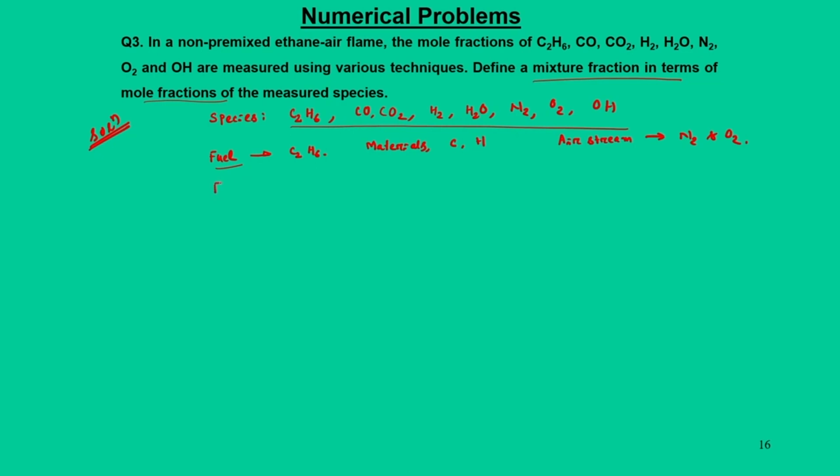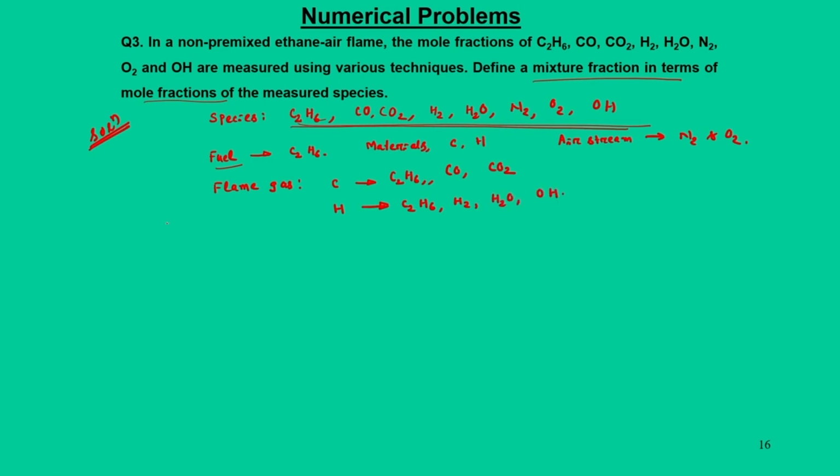And when you talk about flame gases, they are these. What is the source of the fuel stream? Carbon is present in C2H6, second is CO, third is CO2. Hydrogen is present where? In C2H6, in H2, in H2O and in OH.